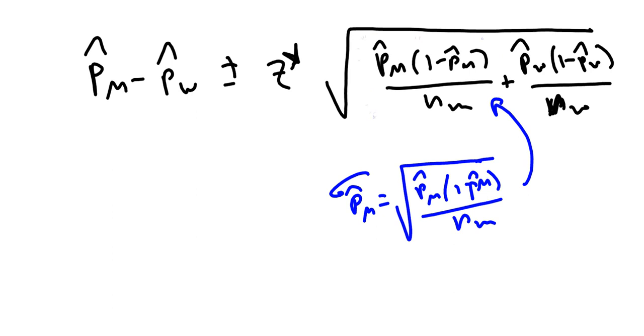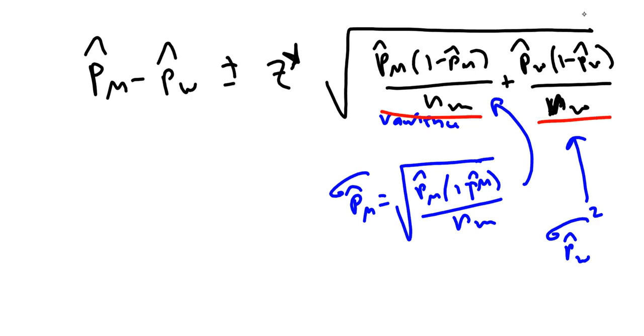So this is really here a variance. And that's a good thing, because we said you can only add variances. And similarly, this thing here is the variance of p hat women. So that's where this formula is coming from. You're really adding this variance and this variance together, and then taking the square root to make it a standard deviation.